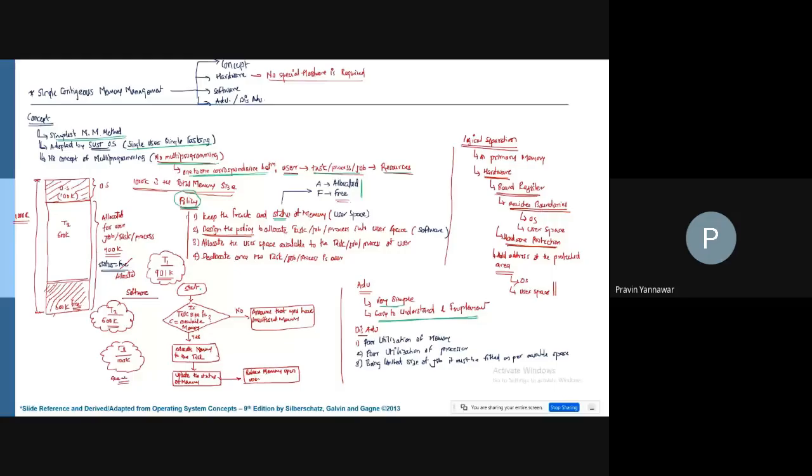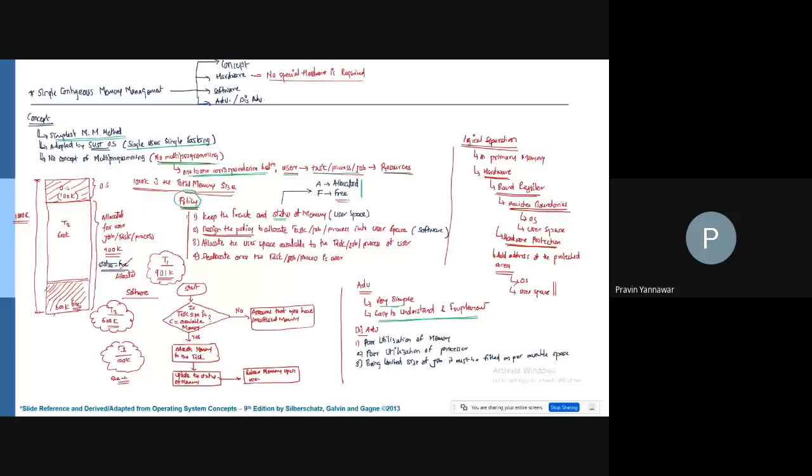In the software, we check whether the task size is available in memory. We can also check whether the status is equal to free.